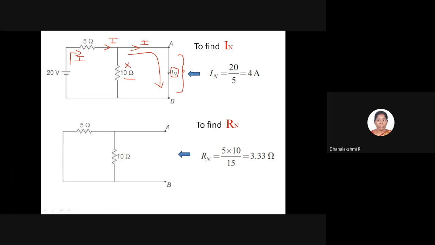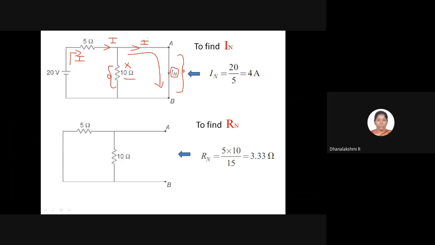Out of this 10 ohm and short circuit, which are parallel to each other, the current will choose only the least resistance path.